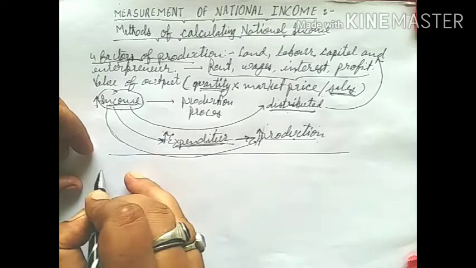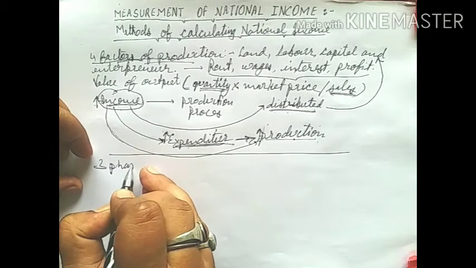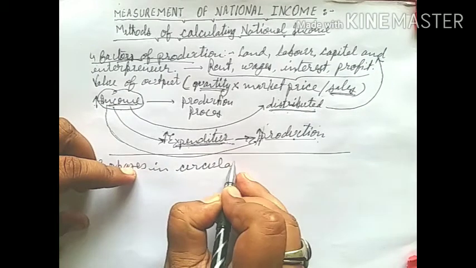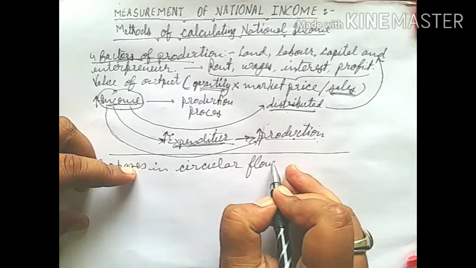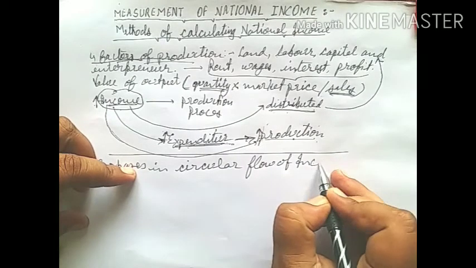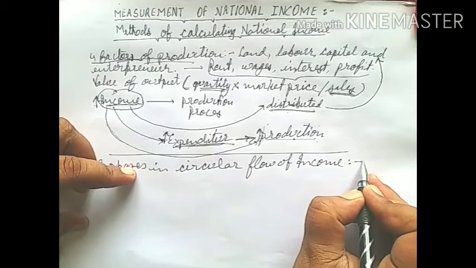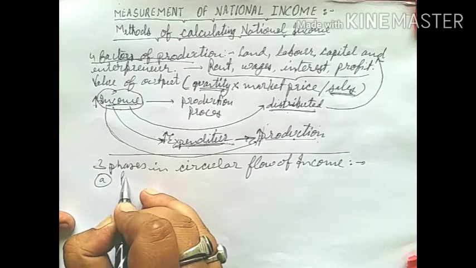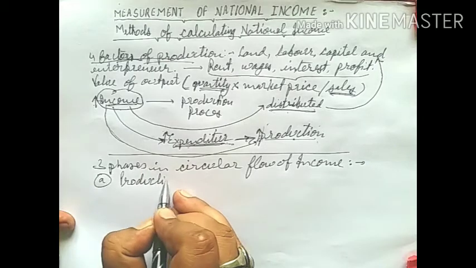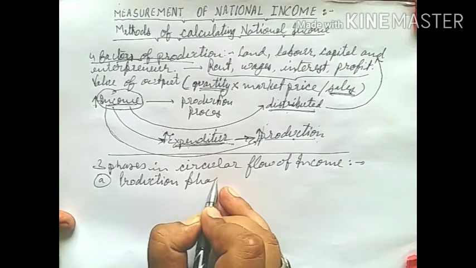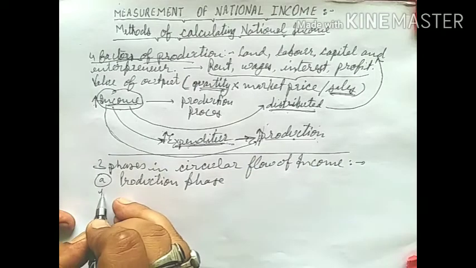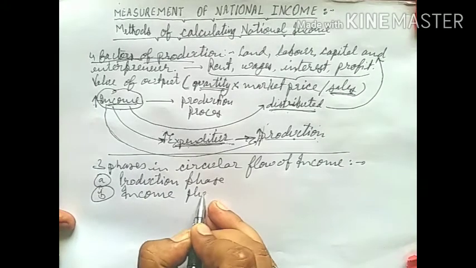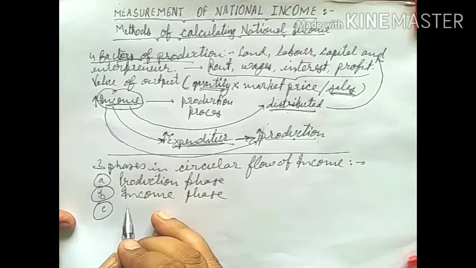The three phases in the circular flow of income are the production phase, the second one is the income phase, and the third one is the expenditure phase.